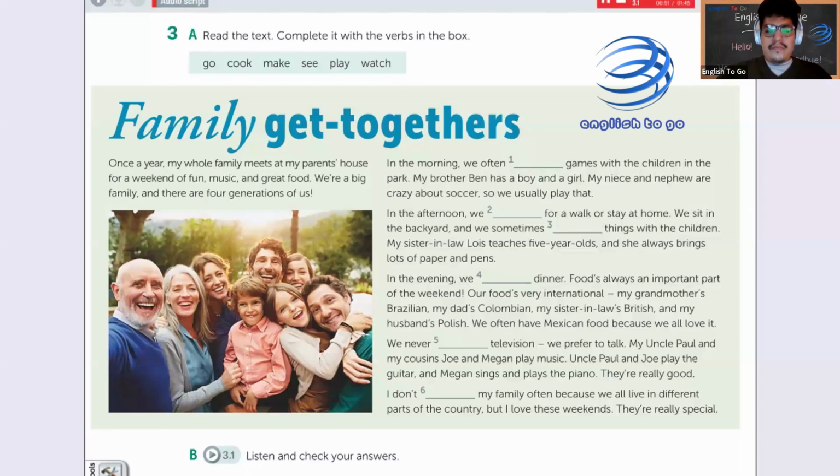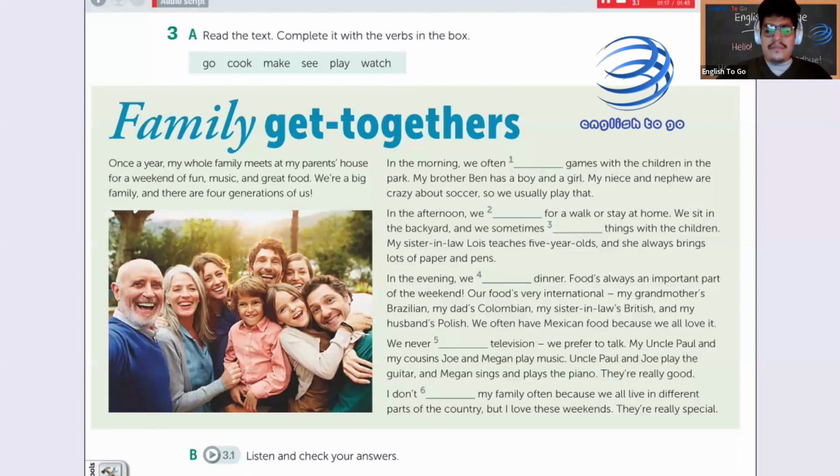In the evening, we cook dinner. Food's always an important part of the weekend. Our food's very international. My grandmother's Brazilian, my dad's Colombian, my sister-in-law's British, and my husband's Polish. We often have Mexican food because we all love it. We never watch television.